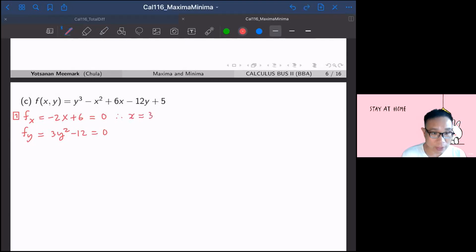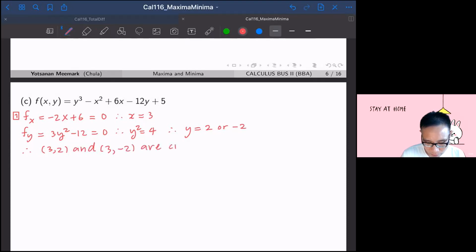Okay, and you have y squared equal to 4. So don't forget that you would have 2 or negative 2. So we have (3, 2) and (3, -2) as critical points.